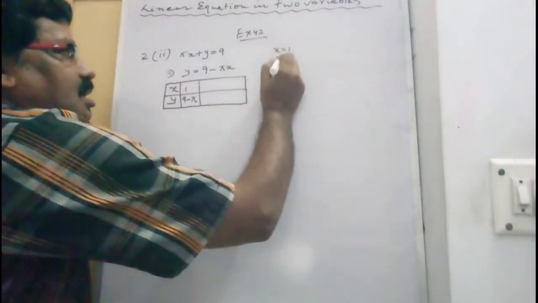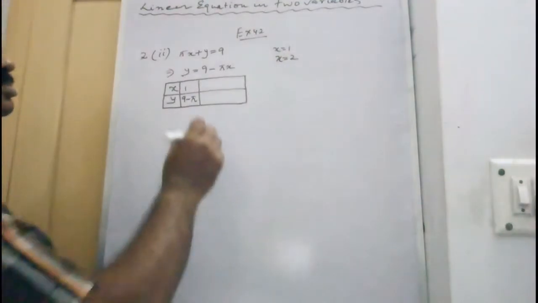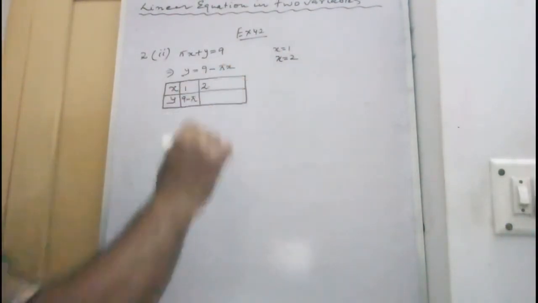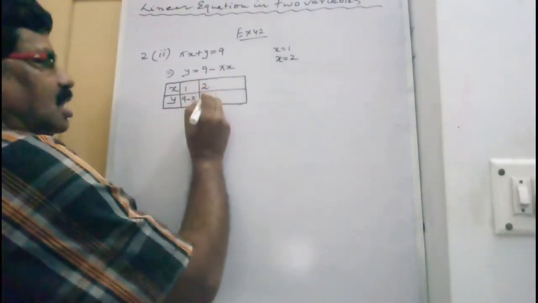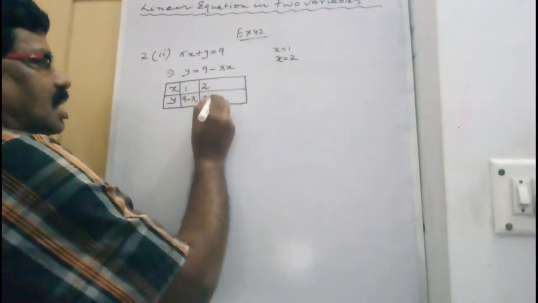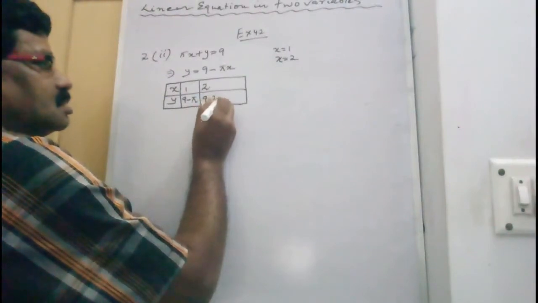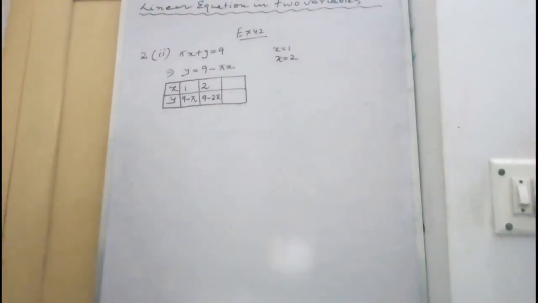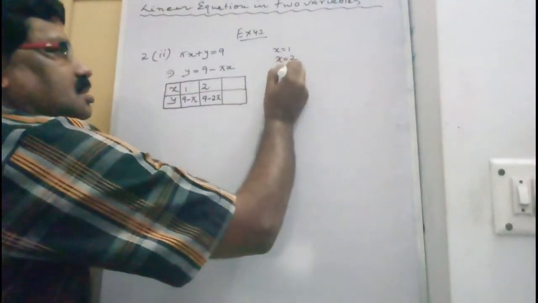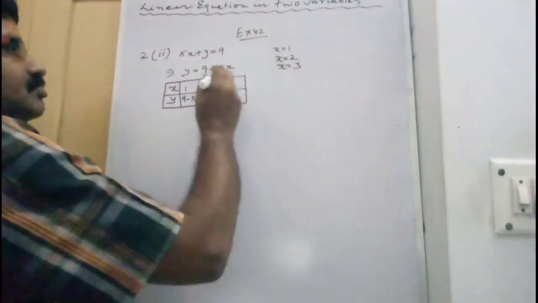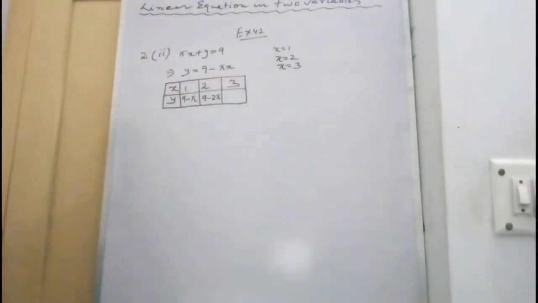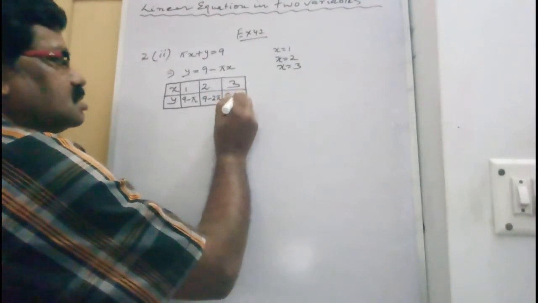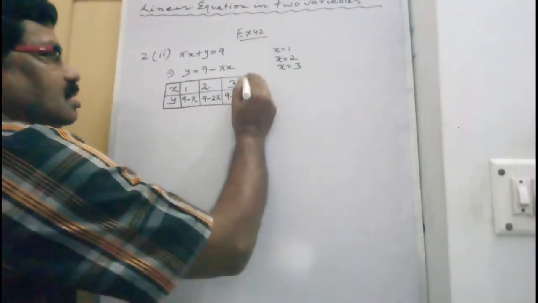Second, take x equal to 2. Now you put here the value of x. So y becomes 9 minus 2 pi. Third, take x equal to 3. So when x is 3, y is 9 minus 3 pi.